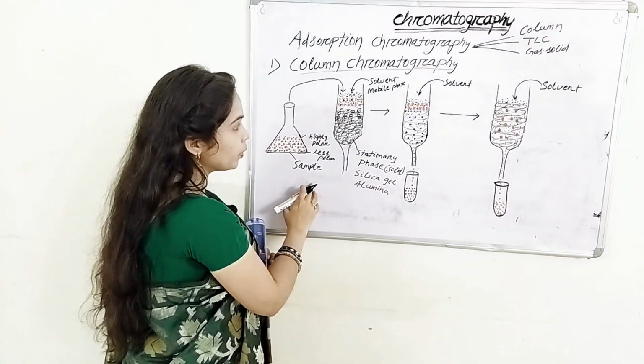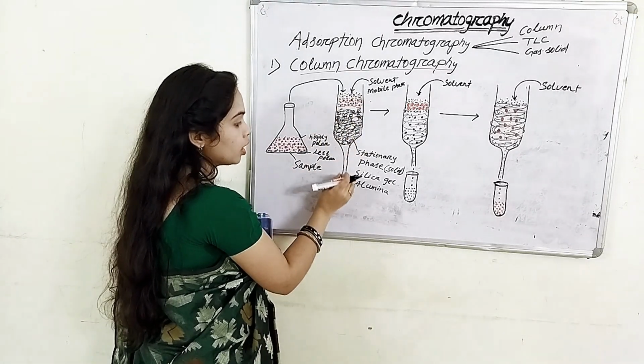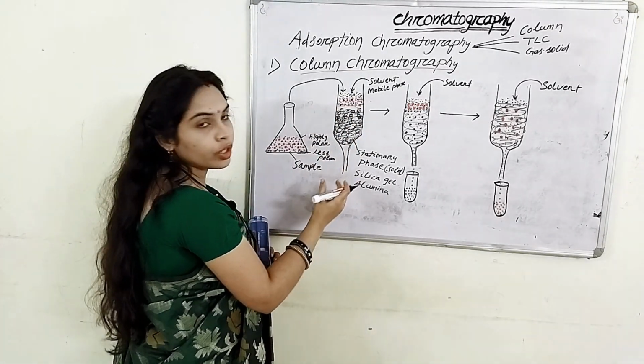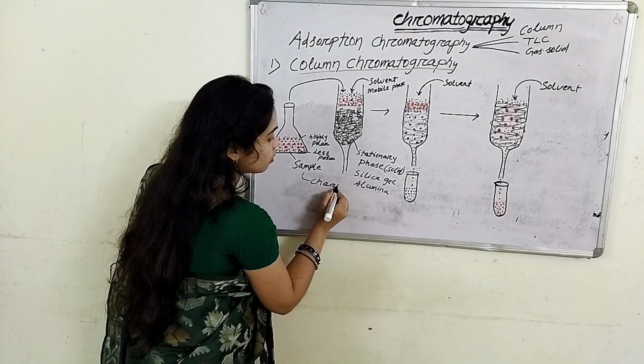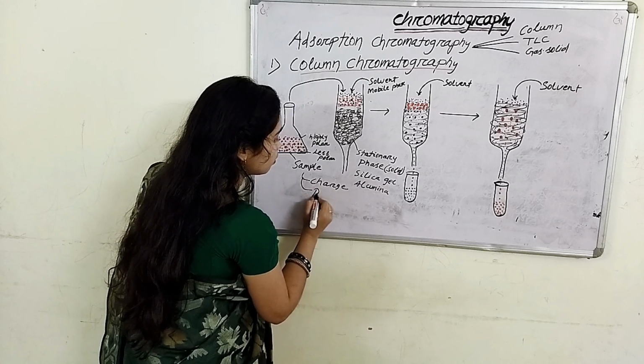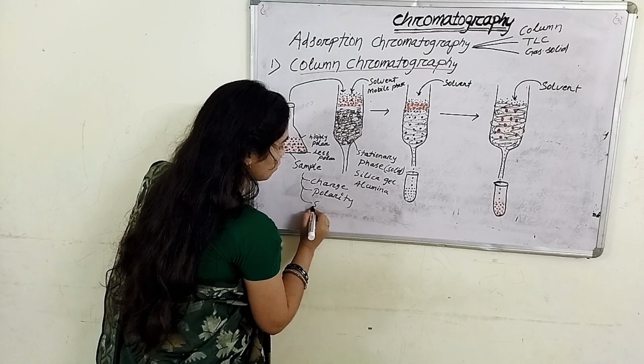Now the sample we are going to separate through this packed column, generally we are going to separate the sample on the basis of charge, polarity and size.